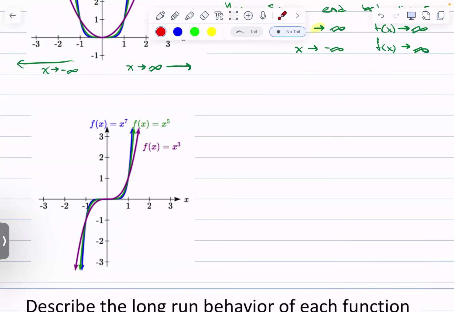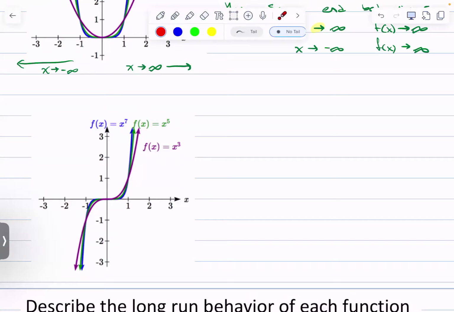Not terribly surprising now that we've seen it for the even powers. For the odd powers, it behaves the same as well. We see the same end behavior. So for example, if we start at x to the 3, I'm ignoring x to the 1. I'm not really calling it an odd power, because x to the 1 is just going to be a line, so it's kind of a special case. But starting at x to the 3, x to the 5, x to the 7, what happens?